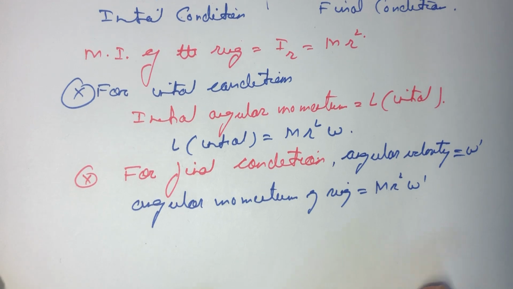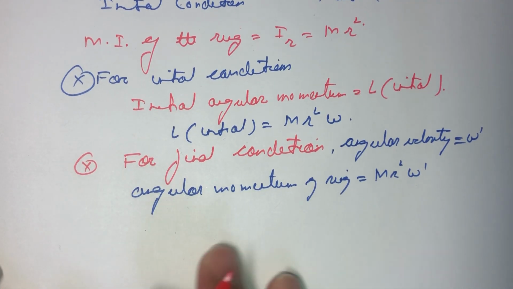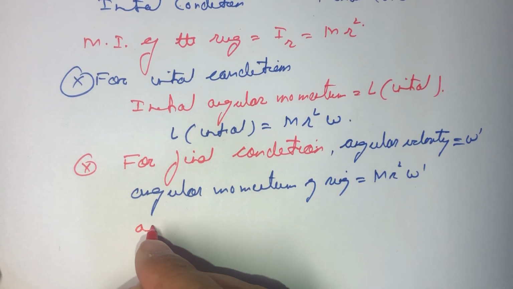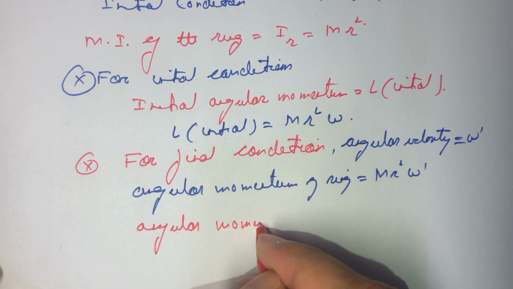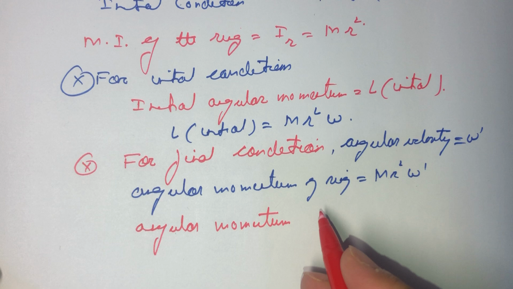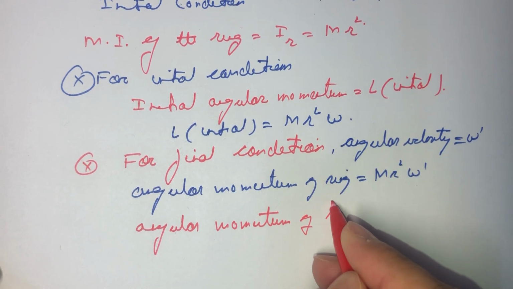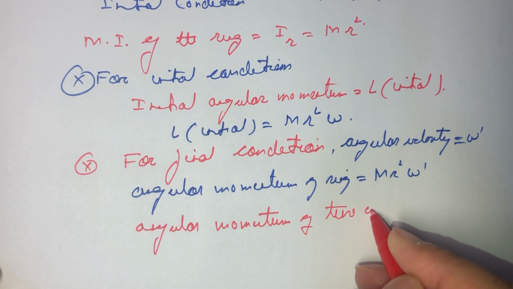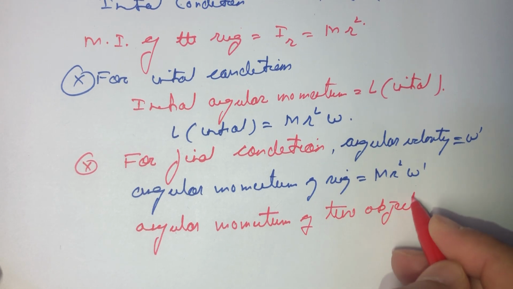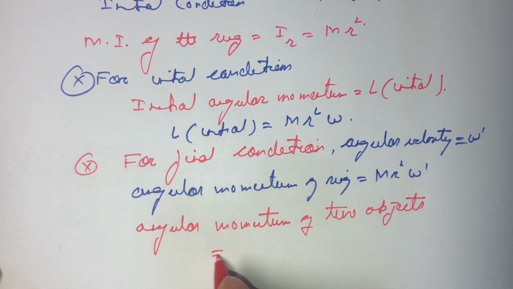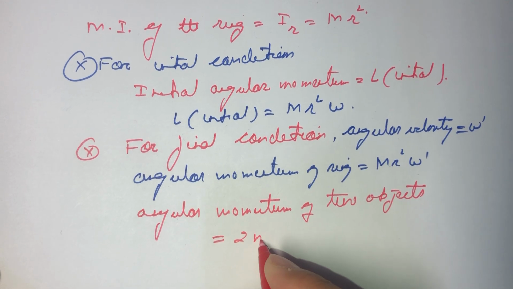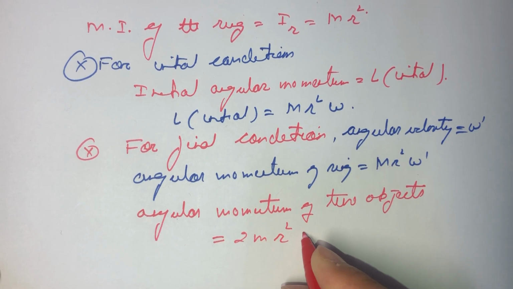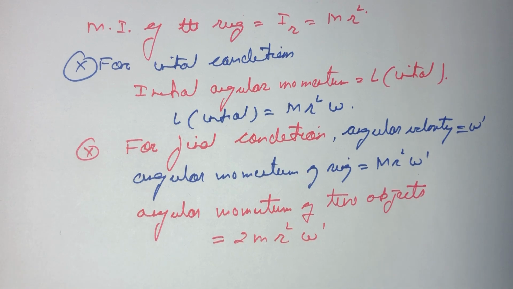Therefore, the angular momentum of the two objects will be equal to 2m r square omega prime.